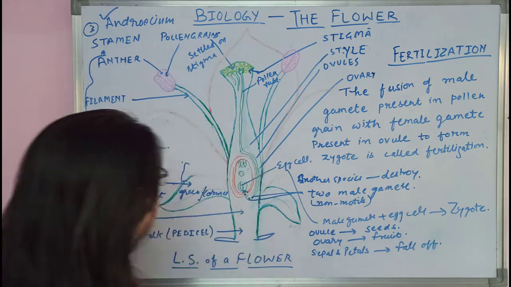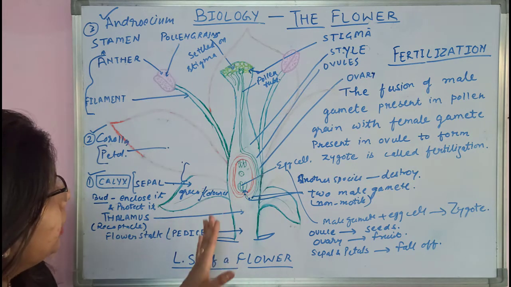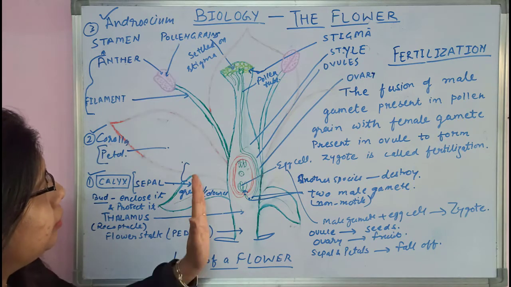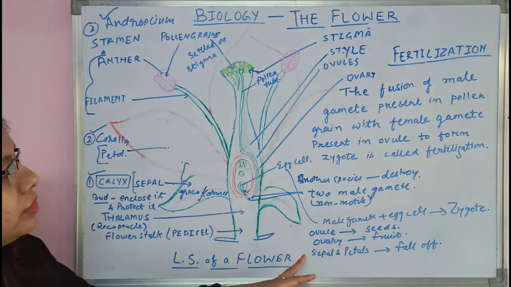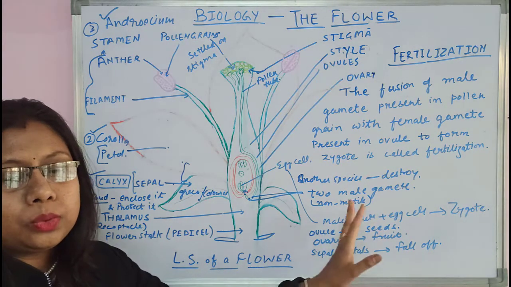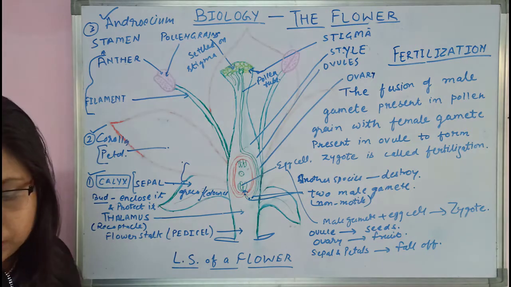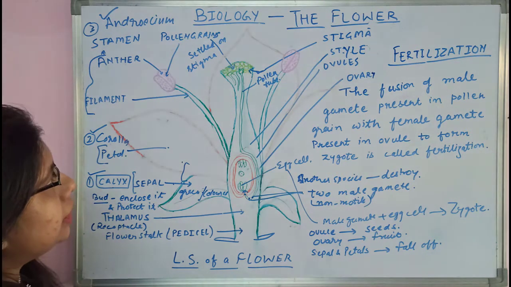They fall off from the flower, and the fruit starts forming. Whenever this seed gets favorable conditions, it develops into a new plant. In this way, fertilization takes place in a flower.